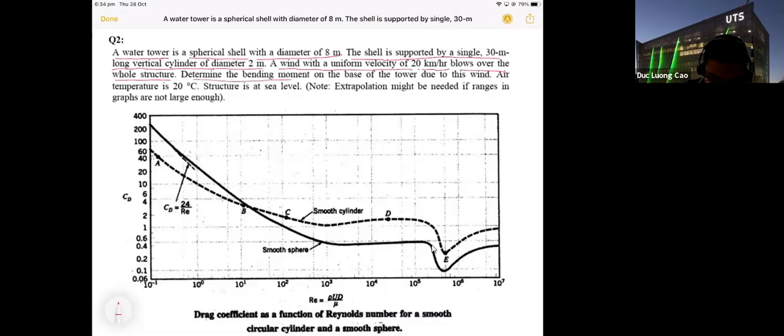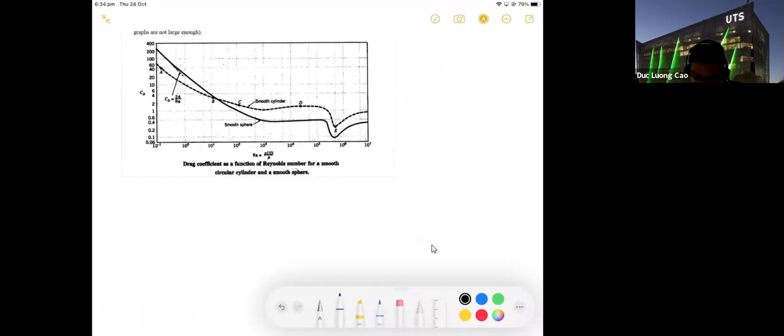Find the bending moment on the base of the tower due to the wind, at a temperature of 20 degrees, at sea level. Okay. In this case, we have a sail on the top. This one is supported by a cylinder. This one is the ground.